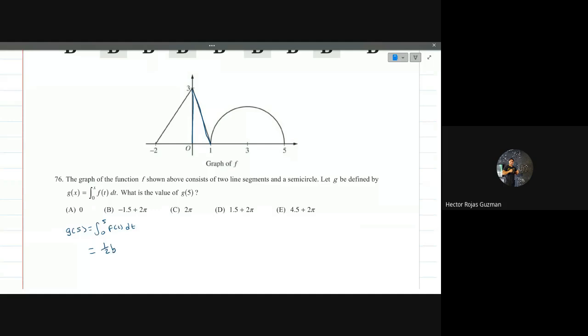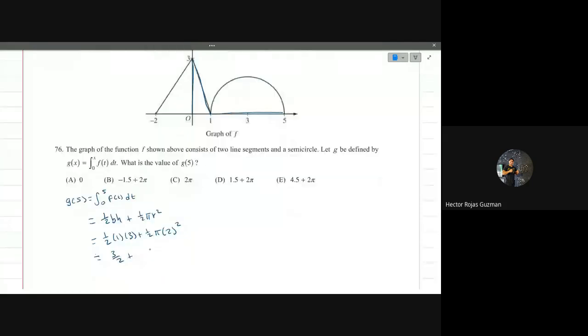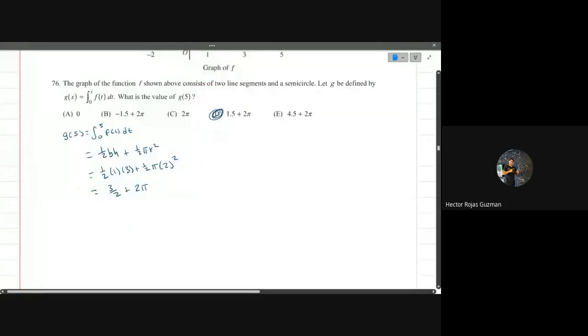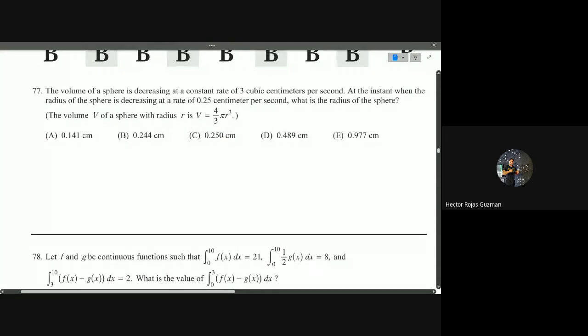And for the circle, the diameter is 4, so the radius is 2. Okay, this gives us 3/2 plus 4 times 1/2 is 2, so 2 pi. So there it is. We have 3/2 plus 2 pi. Okay, D.